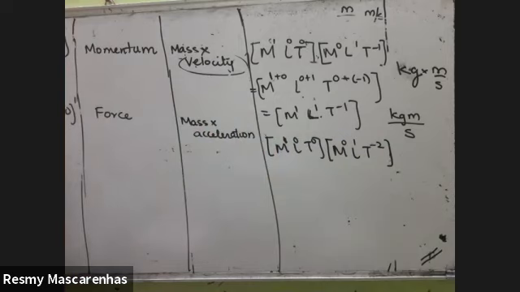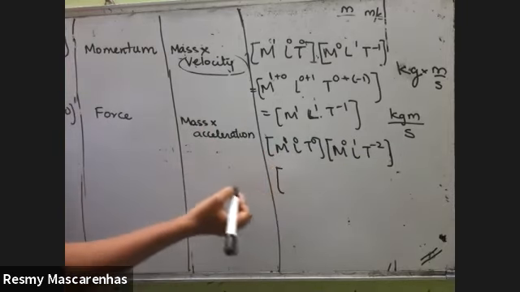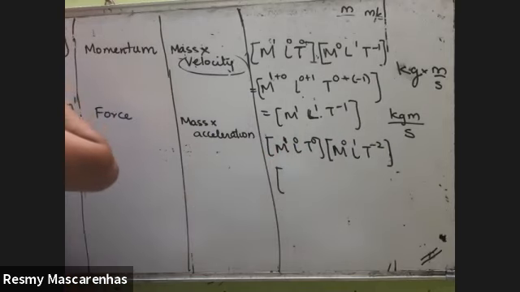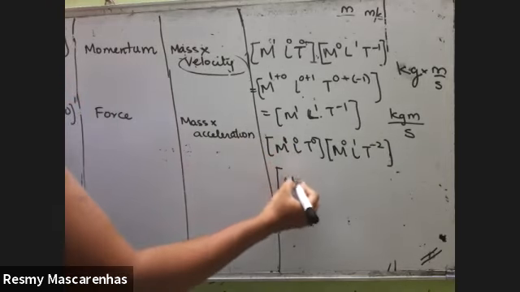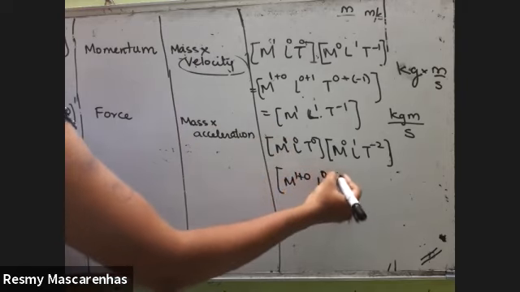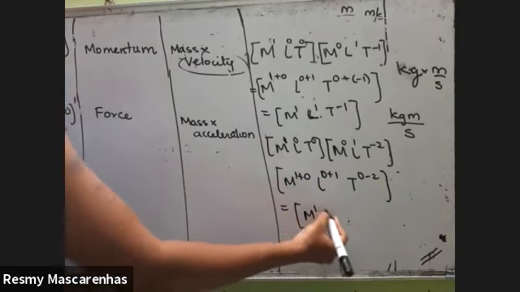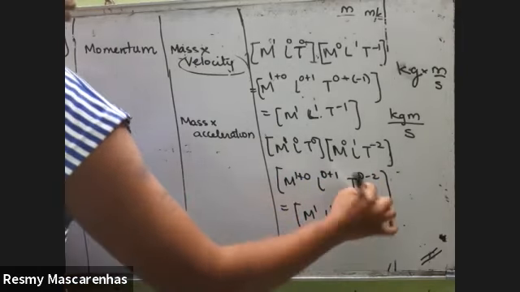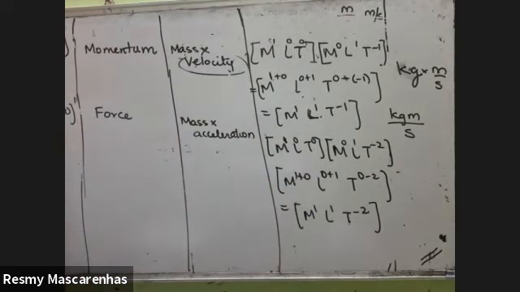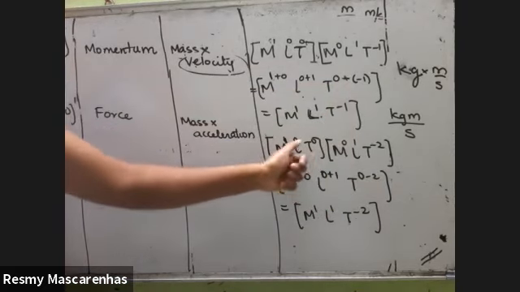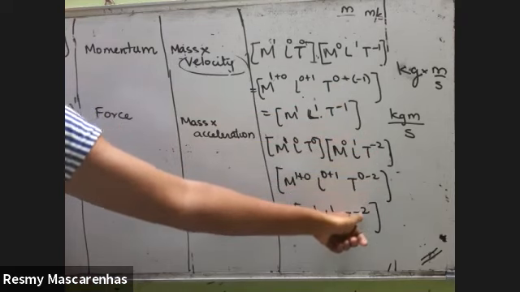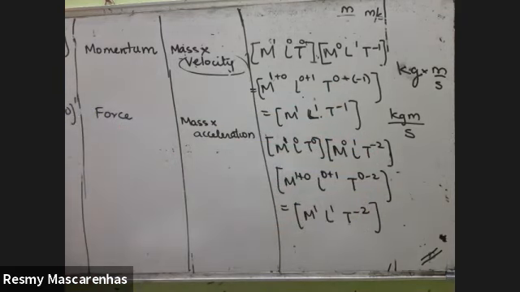Now add the powers. So this will be M, 1 plus 0, 0 plus 1, and T, 0 minus 2 will give me minus. It's the same concept, 0 plus of minus 2. So straight away that sign will come, 0 minus 2. Then write the units.